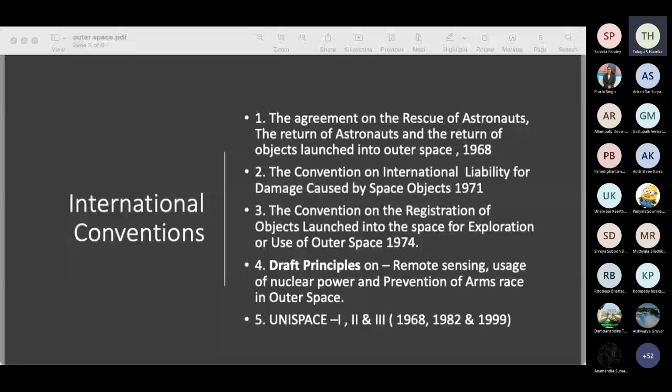So in this particular case, the very first contention was, while talking about the liability convention, this was in question, right? This convention of 1971, the Space Liability Convention, it is famously called.